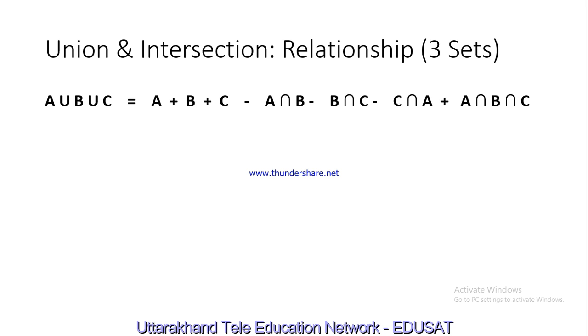So this is the formula, and you can try to find out how this formula can be derived. You can attempt this at your home. We have already discussed the method of deriving the earlier formula, so you can apply the same method and try and find out this relationship.